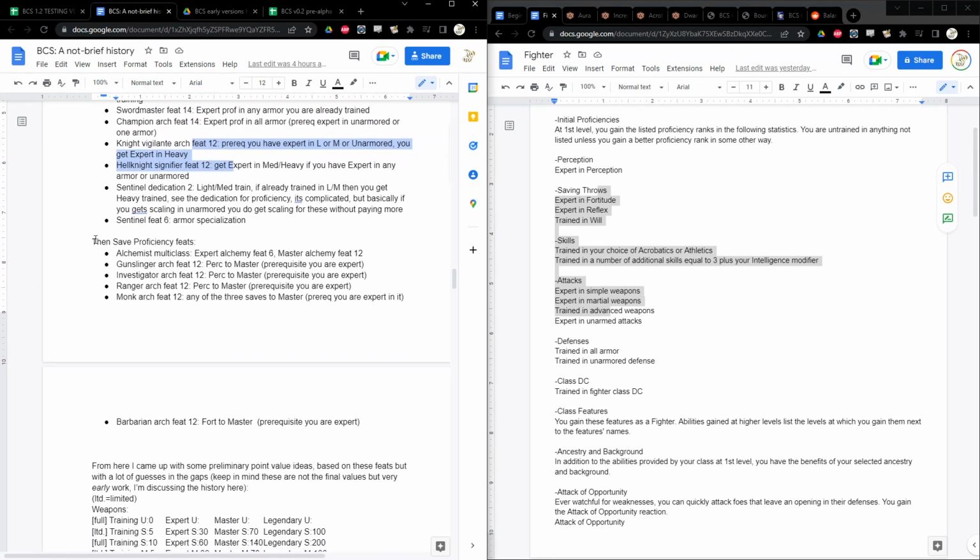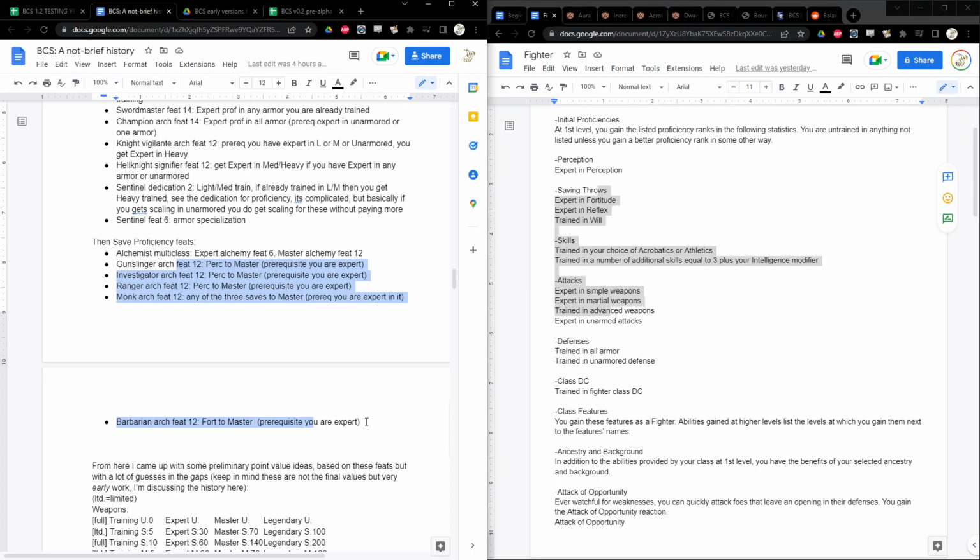But the save proficiencies were very consistent, at least from this grouping that I found, that helped me to get started on it. You see, these are all multiclass, and they all have a level 12 feat that gives master proficiency in either perception or save. And that told me, okay, so master proficiency is a level 12 feat. Well, when we apply that to a class feature, that means level 11, which would be 110 points.